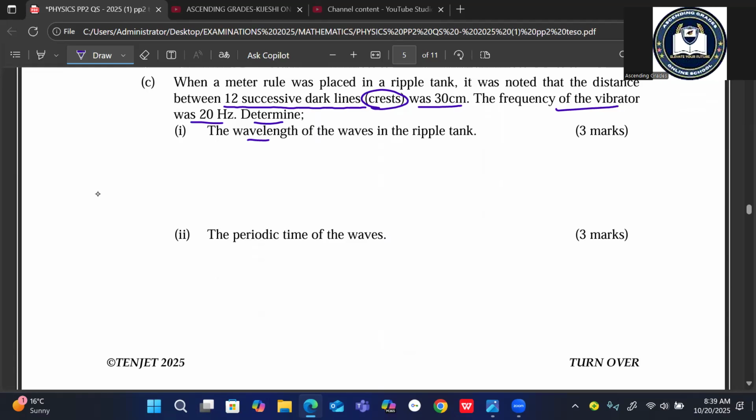Since here we are given 12 successive crests with a total distance of 30 centimeters, we can get the wavelength as the total distance divided by the number of crests. This gives us 2.5 centimeters.